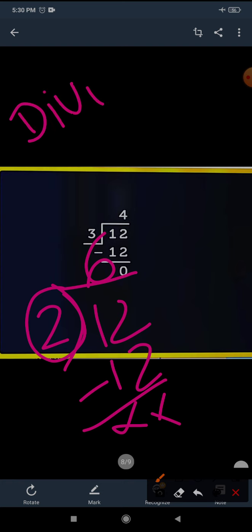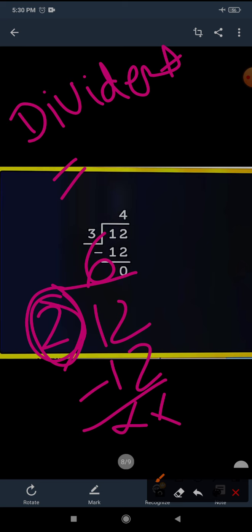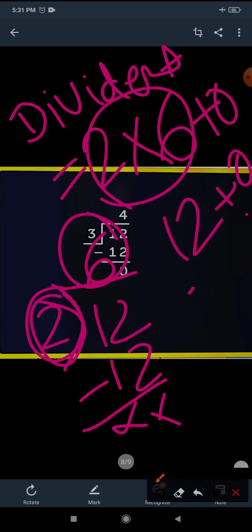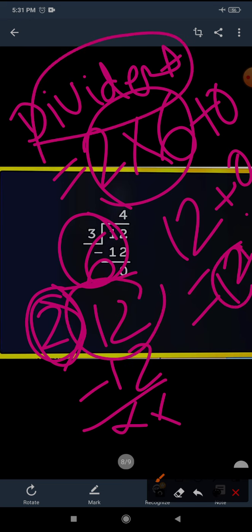Dividend is equal to divisor into quotient plus remainder. Divisor is 2, so multiply by 2. Quotient is 6, so multiply by 6. And the remainder is 0. So 6 2s are 12 plus 0 is equal to 12. Again, here 12 is equal to the dividend. So yes, it is correct.